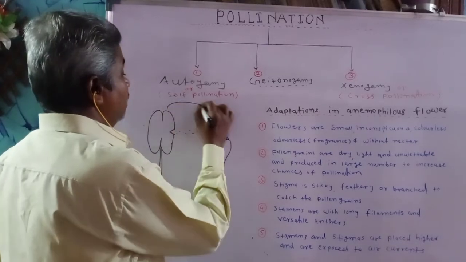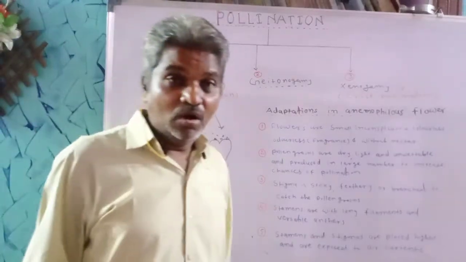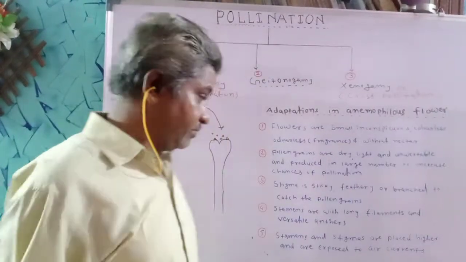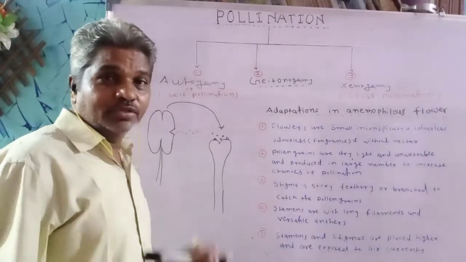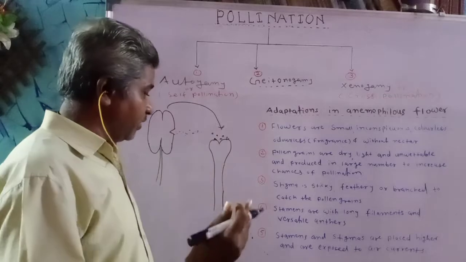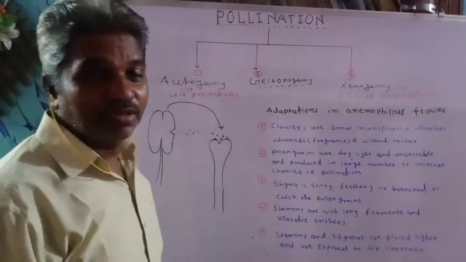This transfer of pollen grain from anther to the stigma of the same flower or another flower is called pollination.